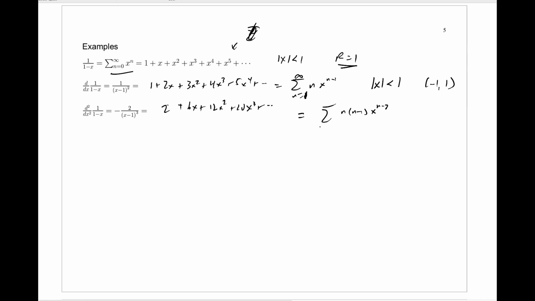Notice here we could start at 0, but then this quantity would be 0 when n is 0 and when n equals 1. So we get the exact same thing if we just start when n equals 2 as we would get if we started when n equals 0. That should be a 2 there. And again, it's valid with the same radius of convergence. In other words, valid on the same open interval, the same interval minus 1 to 1.